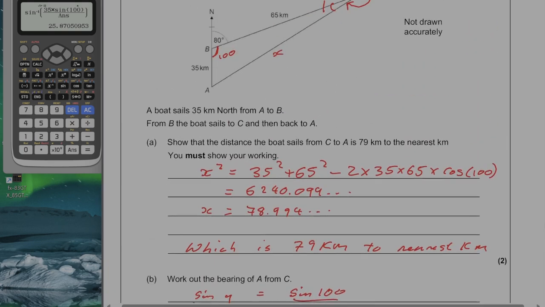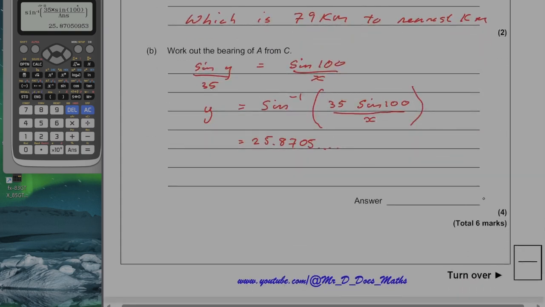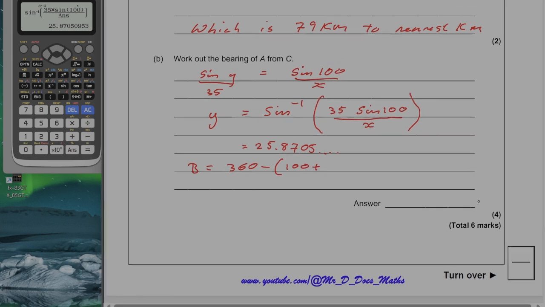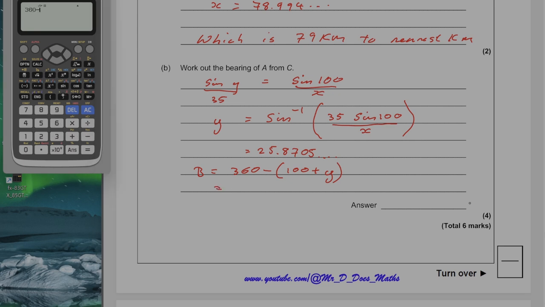So like I was saying up here, I'll do it again. Angles around a point would be 360 minus these two known angles. So the bearing is going to be equal to 360 minus 100 plus y, which is going to be equal to 360 minus 100 plus my last answer.